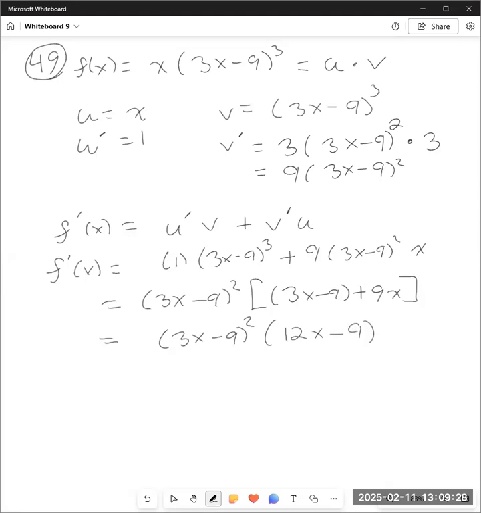Now I told you I'm going to factor things out to make it look more like how the book did. So this is going to be 3 times (x minus 3), that was squared. I'm also going to have a 3 times (4x minus 3) here. So this 3 is squared because I have 2 of these. Let's just write them both out.